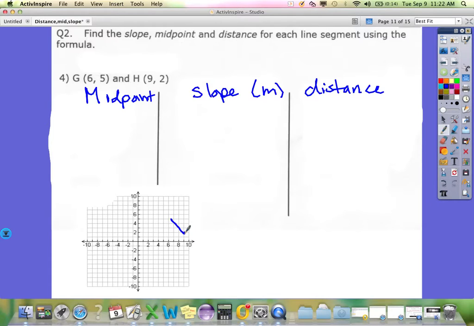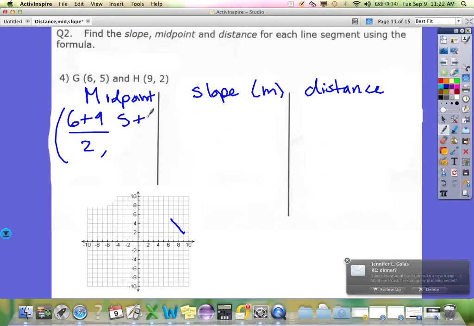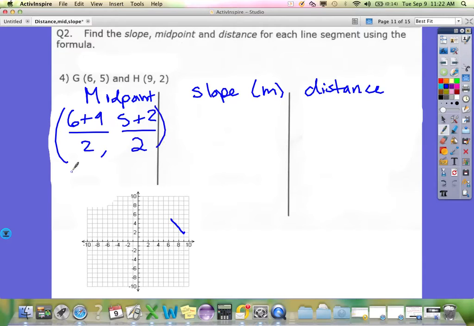And I'm going to go ahead and calculate midpoint formula. So x plus x over 2, and y plus y over 2 as well. I'm going to get some decimals, and that's okay. 15 divided by 2 is 7.5, or you can write 7 and a half, like in the fraction form.